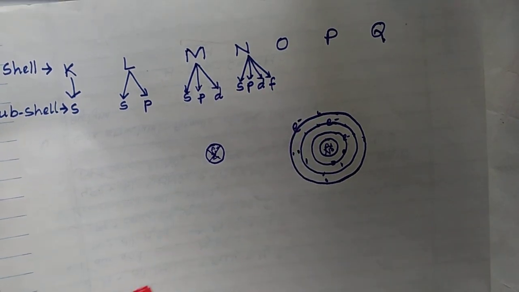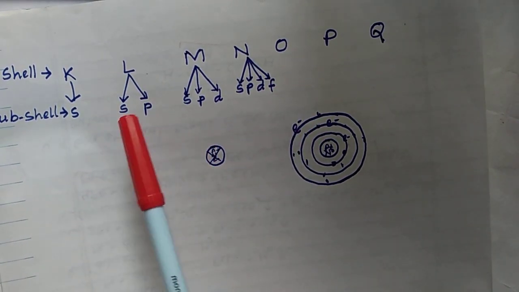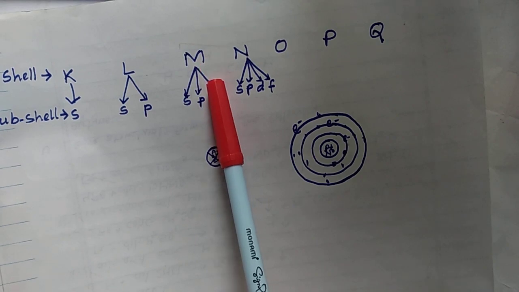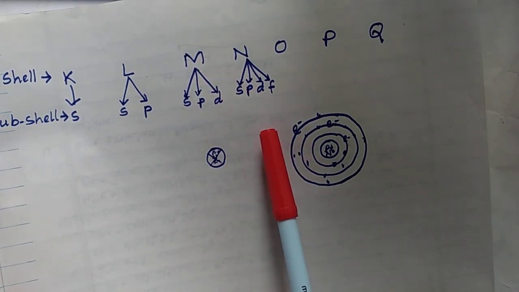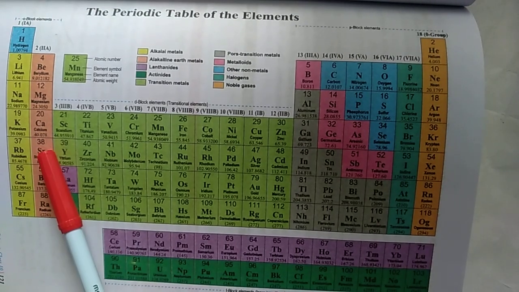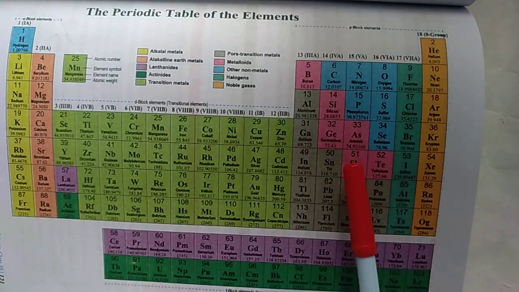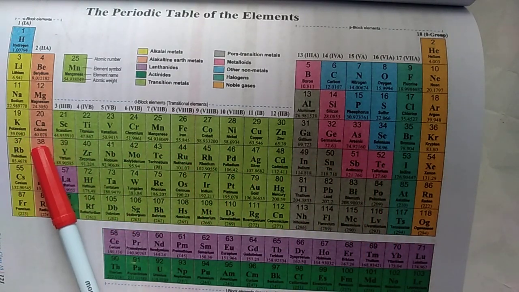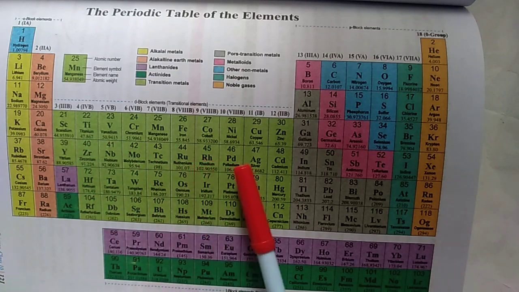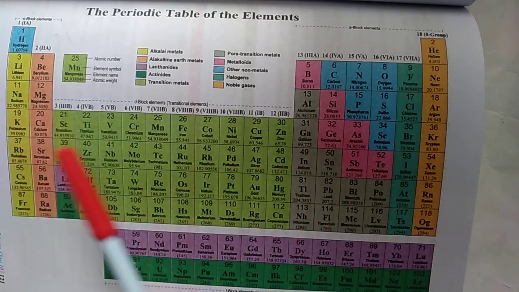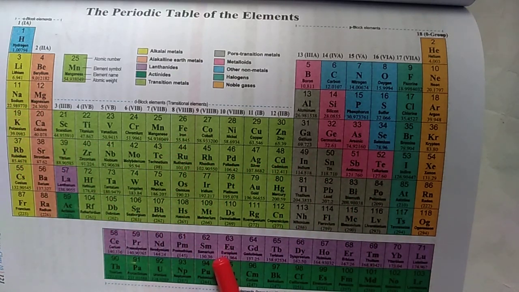So this way there are subcells under cells in the atomic structure, and the names of blocks have been given according to the subcells of the atomic structure. S, P, D, F, these are the names of subcells. Subcells are the subcells under main cells, or the orbitals. Subcells are also called orbitals.